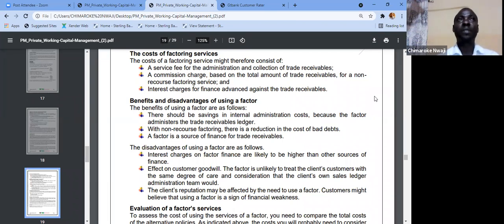Just like somebody having tuberculosis or HIV, you're being stigmatized. So when you use a debt factor to collect your debt, it has that kind of reputation that your company was going under, going bankrupt and all that. And people will be looking at you, oh, this person has weak internal control, weak collection system. Who knows if they will not run away with my money? Bad reputation.